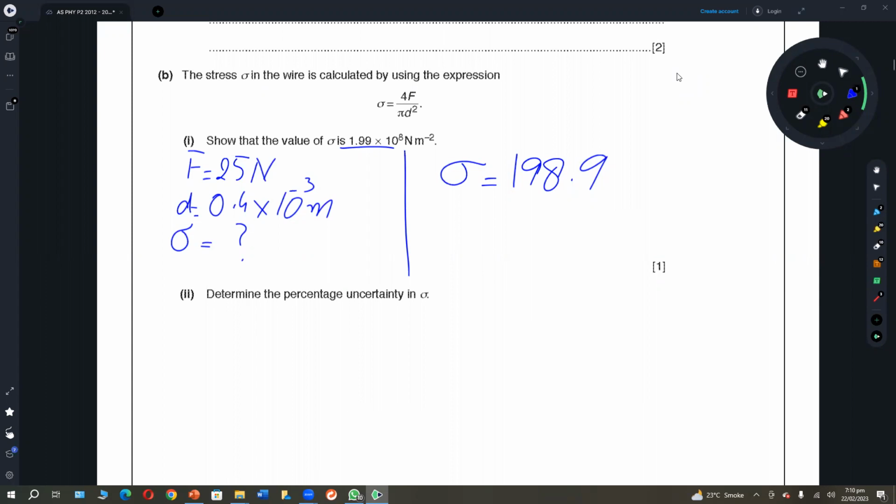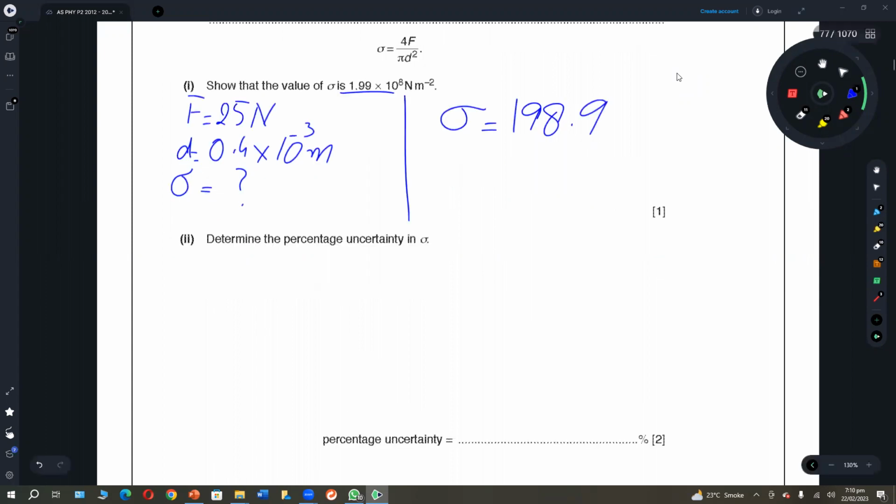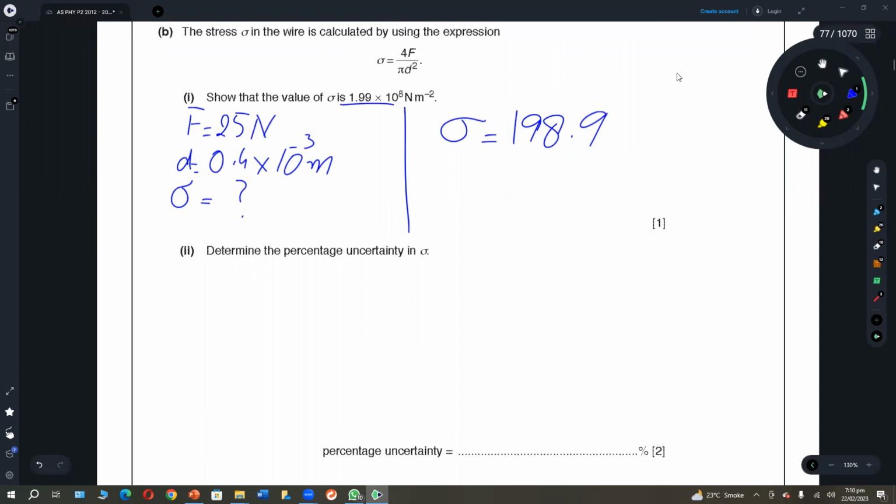Now determine the percentage uncertainty in sigma. Whenever you write a formula for uncertainty, you have to remember that it's a ratio. So you will write delta sigma upon sigma, like this. Then you write plus minus. You have to ignore pi. You have to ignore 4 because they are constants.